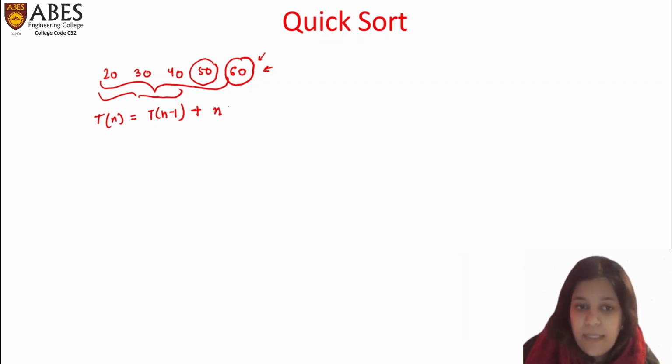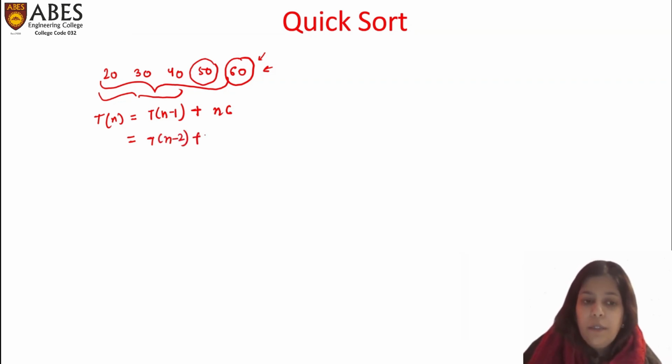So I'm writing it as nC here. Again, recursively, we will call the quicksort, and it will now become T of n minus 2 plus the cost required to compare the pivot with the n minus 1 elements. So this will become (n minus 1)C plus nC.